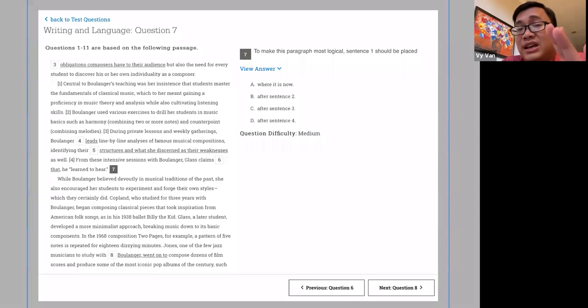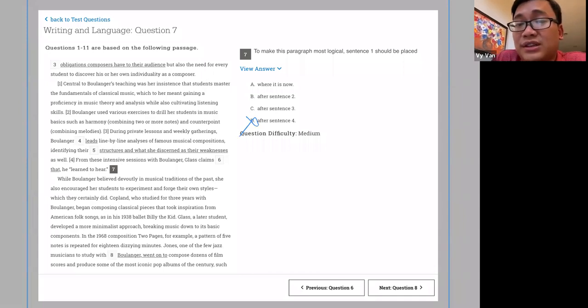So it should be either here or after sentence 4. So I'm going to just test out after sentence 4. From these intensive sections, Glass claims that he learned to hear. Central in her teaching, I don't think it fits at the end, so I don't think it's there.